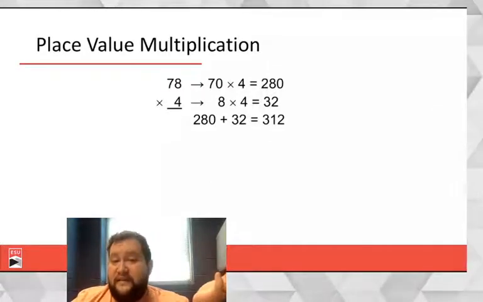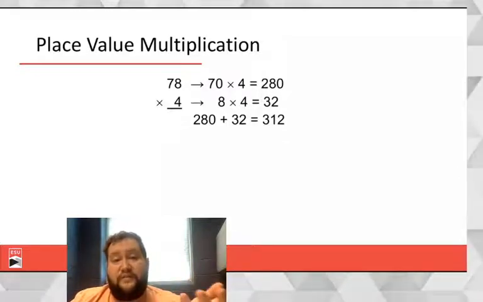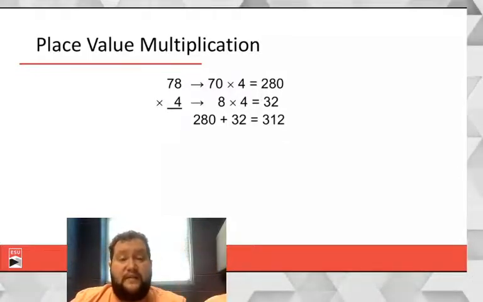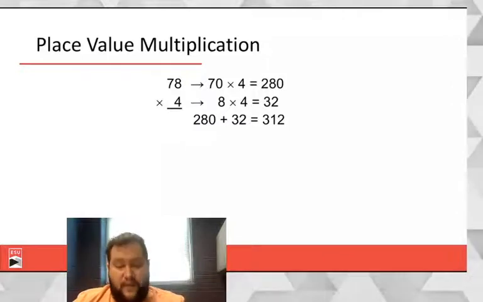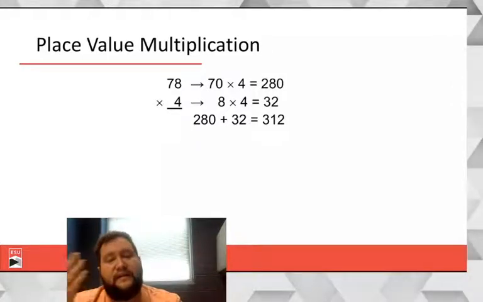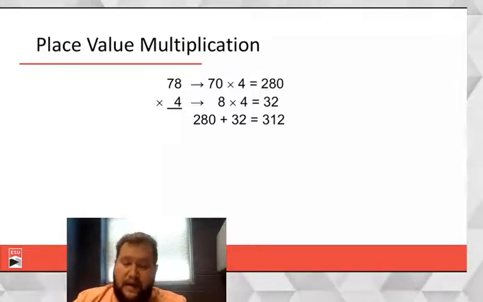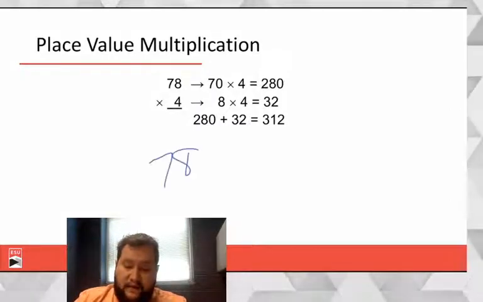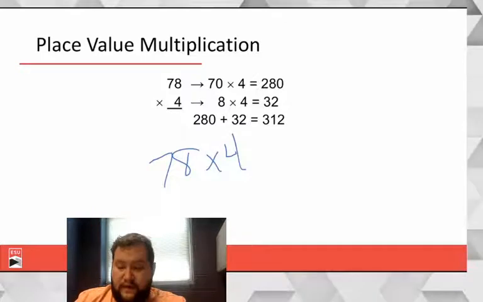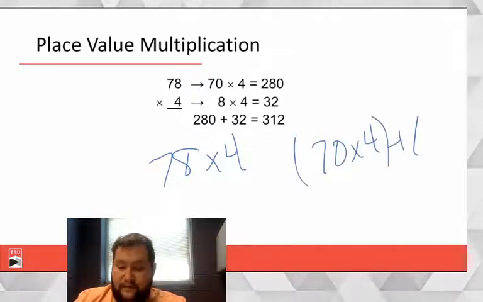So notice this is really what I was wanting us to do with our standard multiplication algorithm, because we have 4 times 8 is 32, and 4 times 70 is 7 4s are 28, 280, and then we add them. And so when you're doing it mentally, this might be a way to do it. So if you had 78 times 4, you might do 70 times 4 plus 8 times 4.